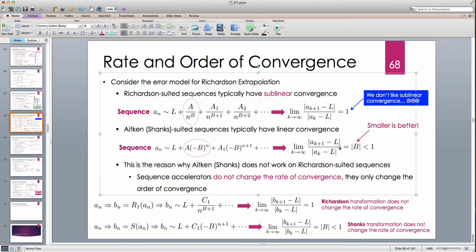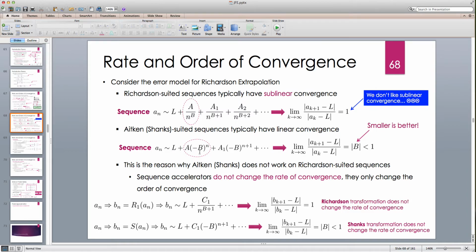And this is a linear behavior, not sublinear, because b is not exactly 1, but still it's not superlinear, and we know that the smaller the better. So the smaller b is, the closer we get to a superlinear behavior.